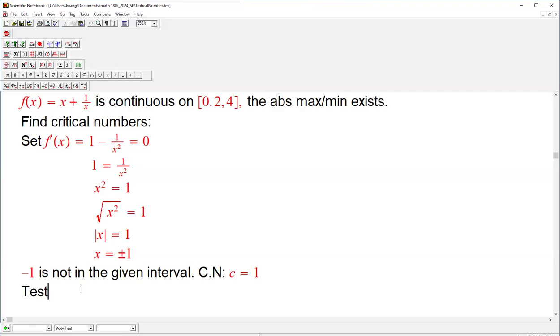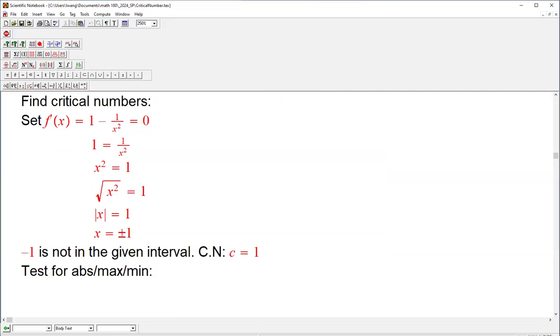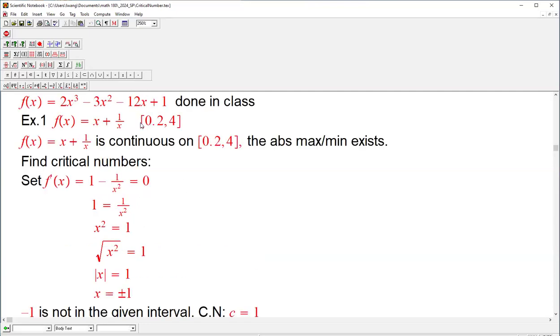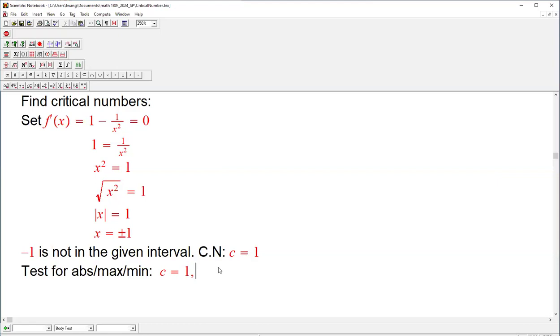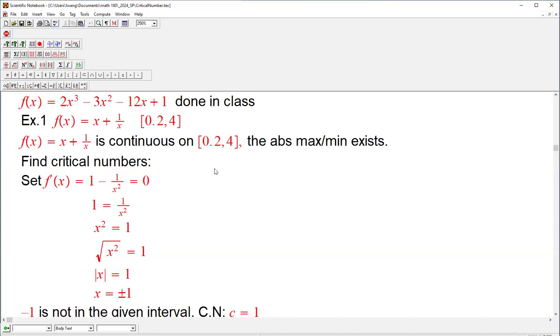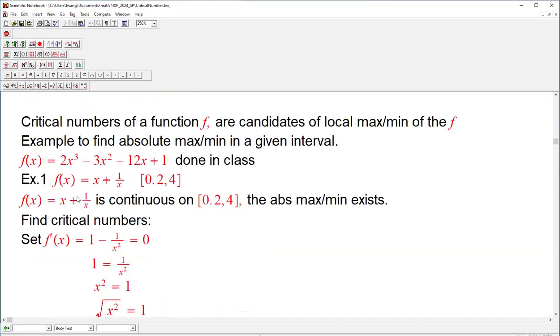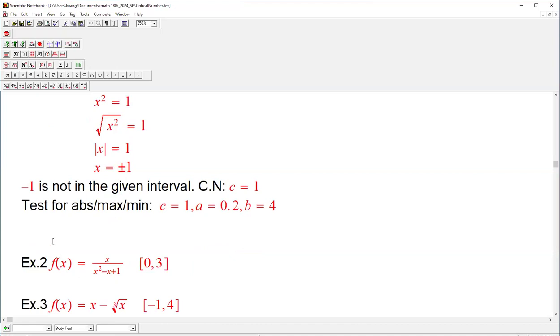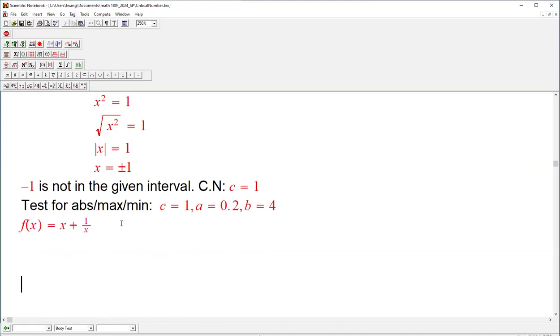We have 3 numbers: c equals 1, and the two endpoints of the closed interval, a equals 0.2 and b equals 4. We plug them into the original function, not the derivative, because we are looking for the absolute max and absolute min of the given function.